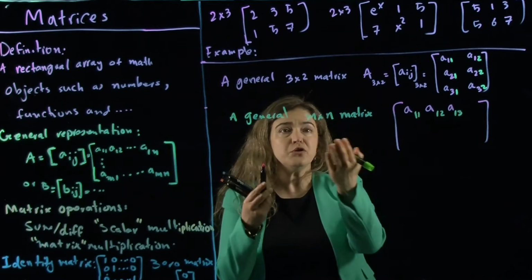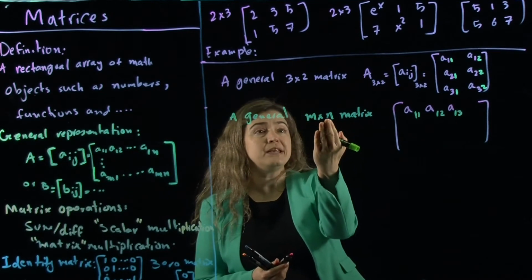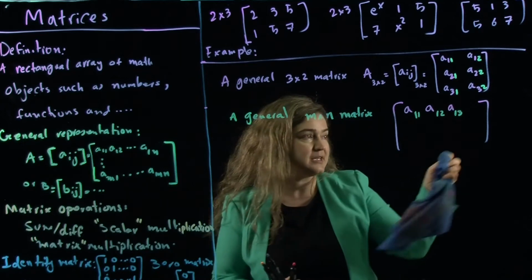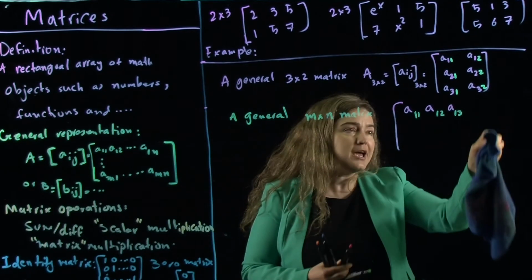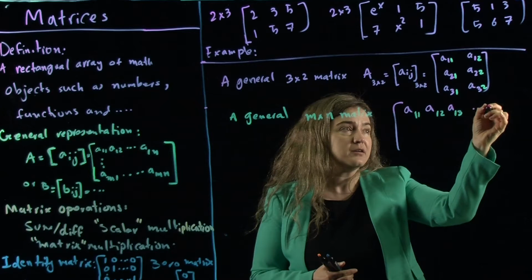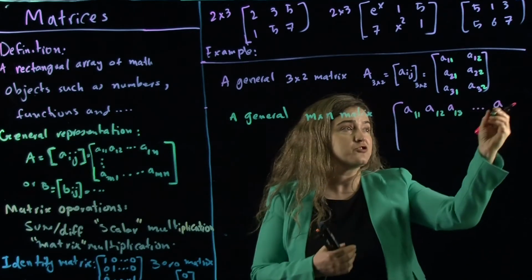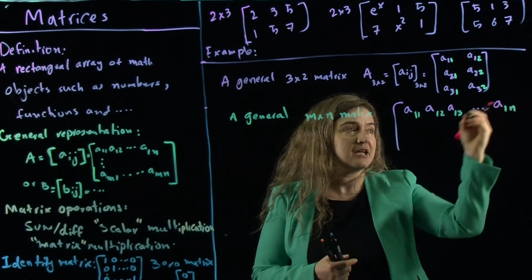And then you don't know how many n is. So you put a few dots in there to show that I don't know how many there are, but I will end up at the entry 1n.